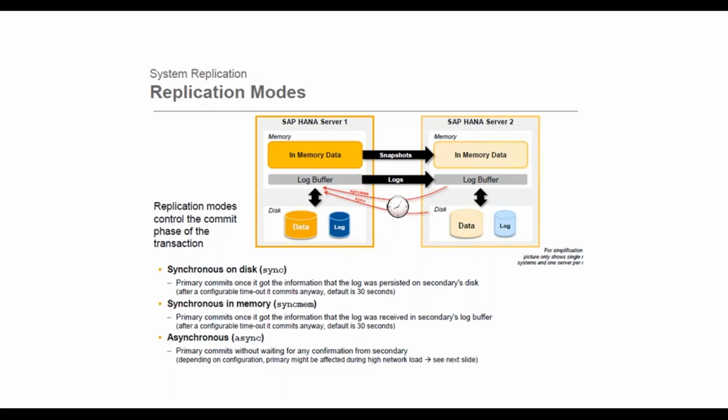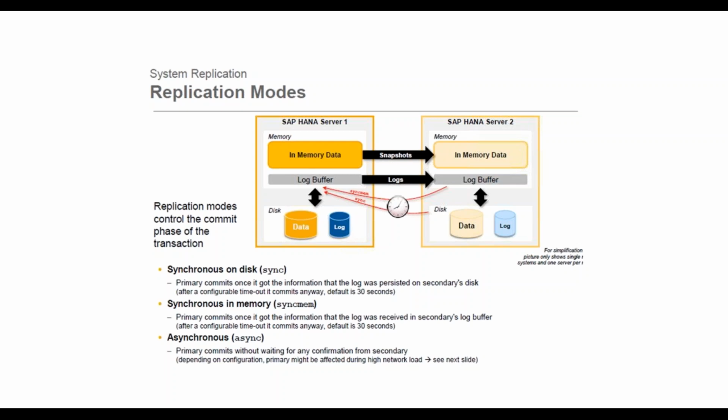So that's what happens. Now when you do a transaction in the primary and you have a secondary system configured with system replication, first the data will be written into the log buffer of the primary, then into the log segment of the primary.